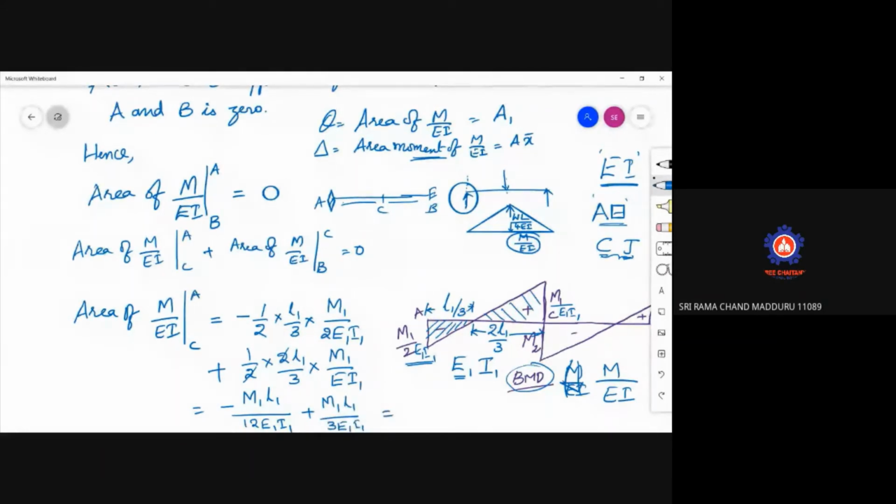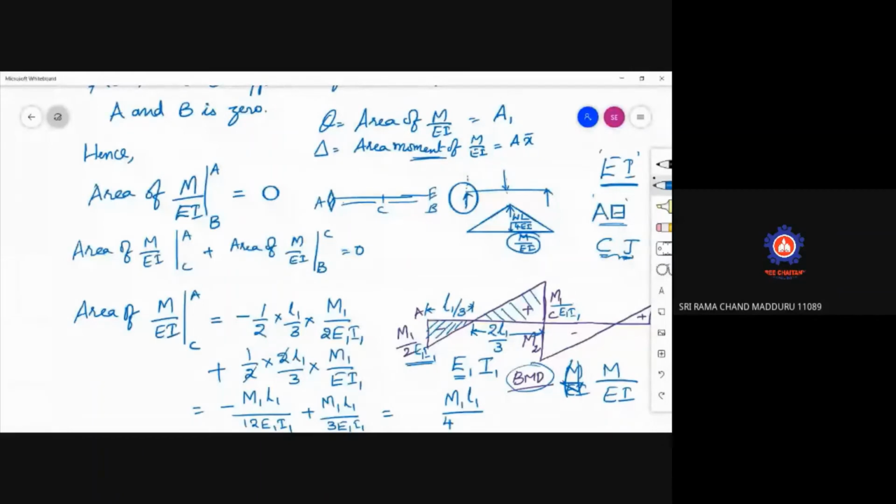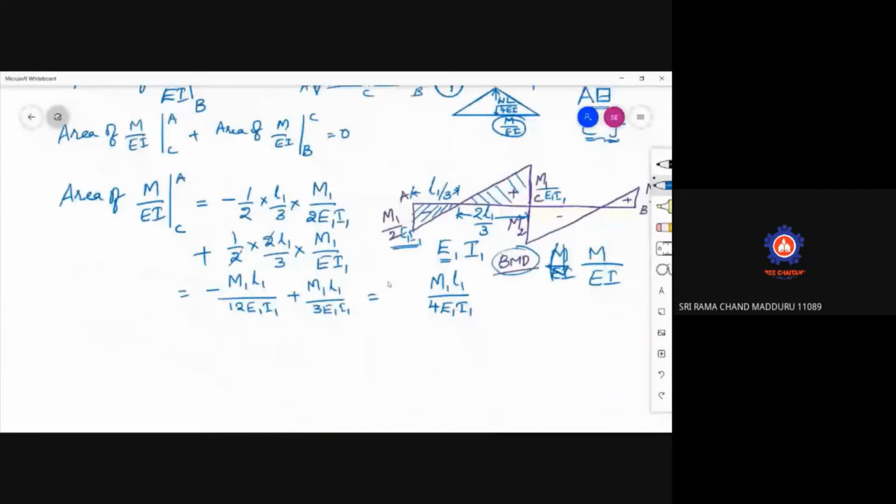Now just tell me the simplification of this. If you do simplification, minus 1 by 12 plus 1 by 3 is 1 by 4. So M1 L1 by 4 E1 I1. Any doubt from your side? Yes, 1 by 4 M1 L1 by E1 I1.